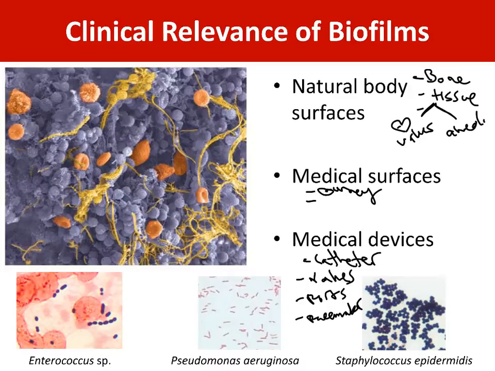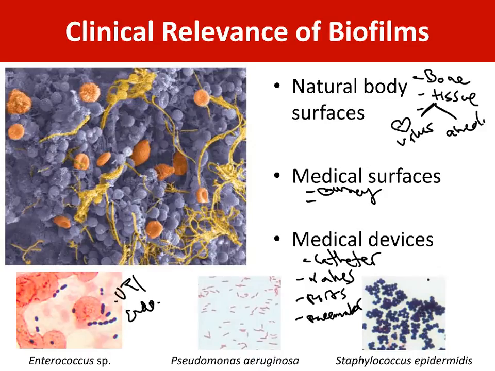I've also put down here gram stain images of 3 very clinically important biofilm formers. This one right here, Enterococcus, is absolutely notorious for catheter-associated UTIs and also subacute endocarditis. So let me put that here, UTI and endocarditis.